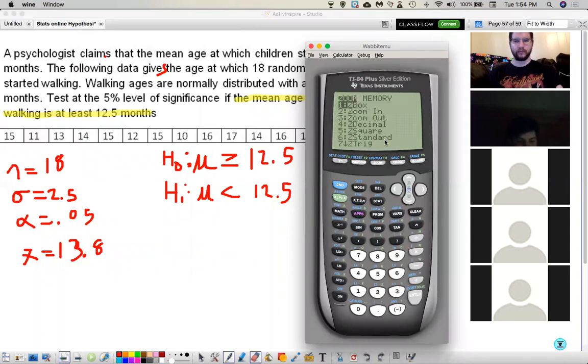15, 15. Oh, why are you not typing? Oh, because it's in.